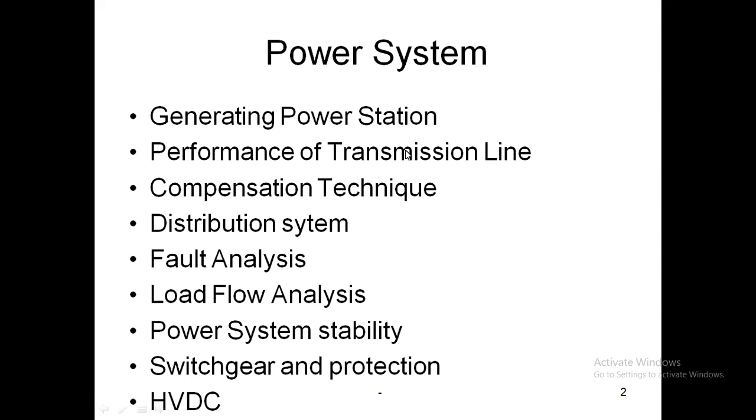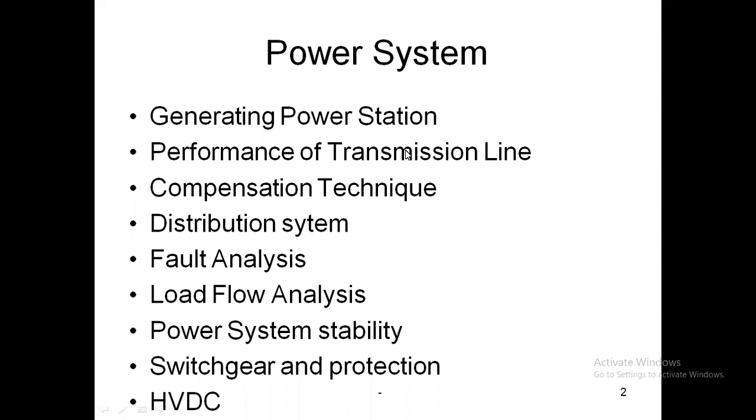We will be correlating these quantities by some terms known as the ABCD parameters of the transmission line, and we will be putting some kind of relation between these parameters. Those ABCD parameters are known as the line parameters. So this is also discussed in the performance of the transmission line.